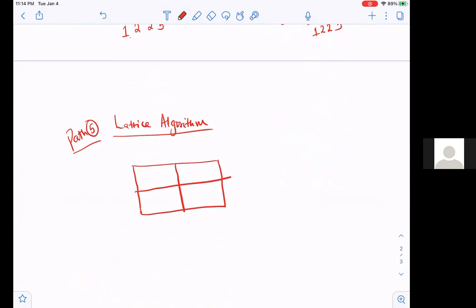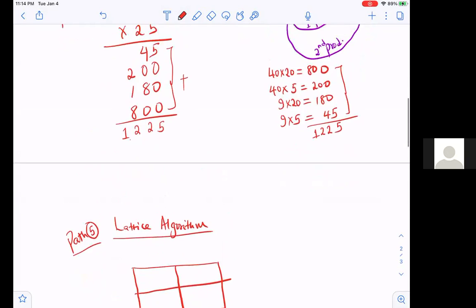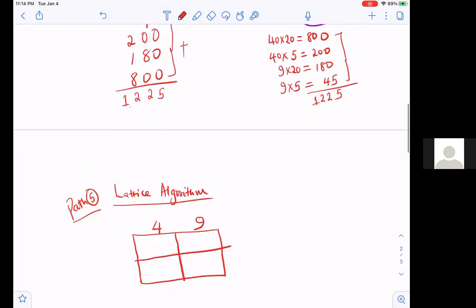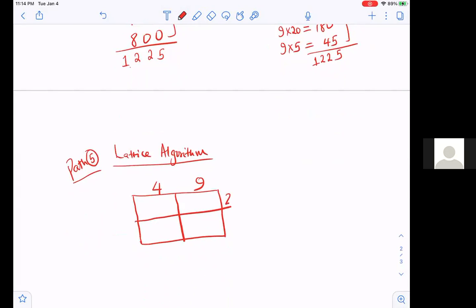And so we show the digits corresponding with each of these columns, and the other number 25, its digits will correspond to the rows that we have created. So we arrange it like that.